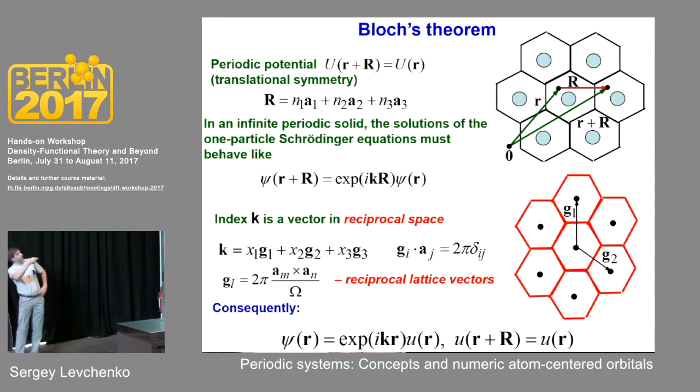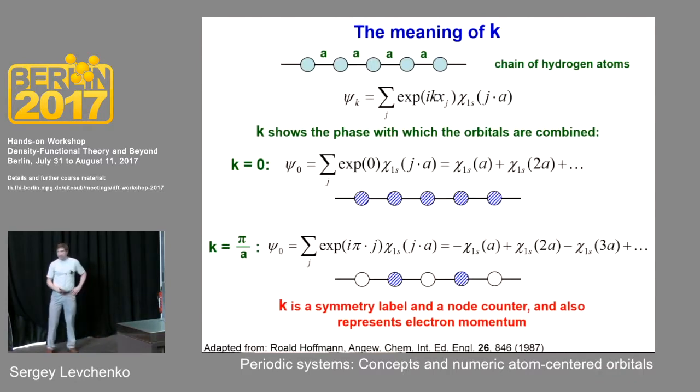As a consequence of this expression, one can show that the wave function is then expressed like this, where instead of the lattice vector I now have just a normal vector, and u of r is a periodic function. So what is the meaning?